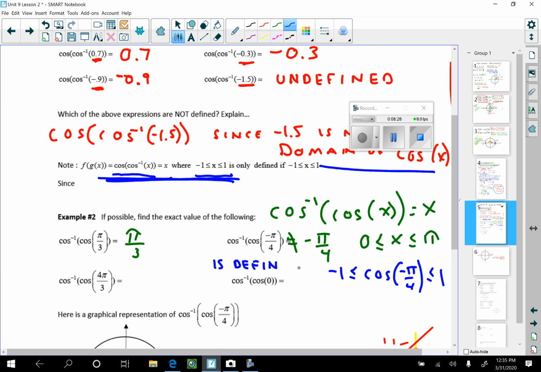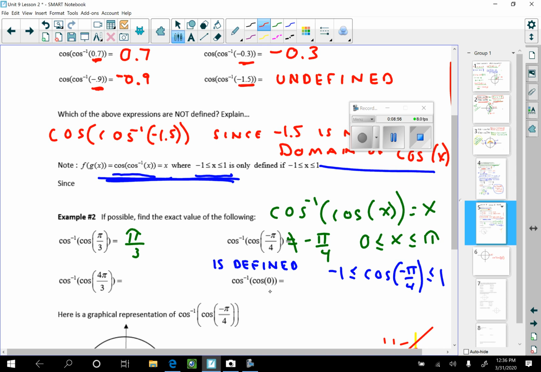It just doesn't equal negative pi over 4. And I'm going to do a graphical representation of how I figure out what that is, because we're going to do some other expressions that are not nice. This particular angle is nice, negative pi over 4. It's one of the nice ones on the unit circle. But so it is defined. It doesn't equal negative pi over 4, and we're going to jump down here and figure out what it is graphically. But before I do that, let's go on here.